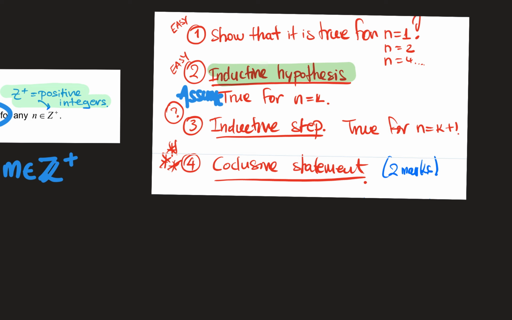Then we move on to the inductive step, where we make use of the inductive hypothesis to prove that it's also true for n equals k plus 1. Finally, we always need to write a concluding statement about the work we've done, and that would be worth 2 marks in an exam.